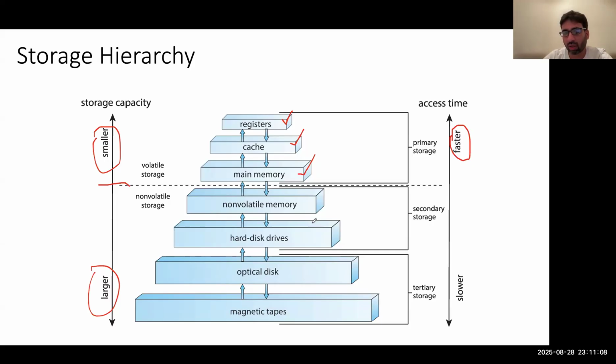But main memory and non-volatile memory, or even hard disk, are managed by the operating system, and we will have lectures on managing main memory and non-volatile memory. Managing hard disk drives is also a topic in operating systems, but we will not be able to cover it in Operating Systems One, because we will not have sufficient time.